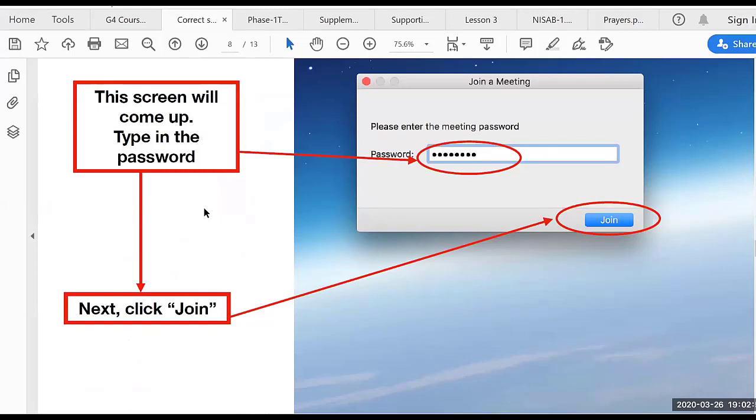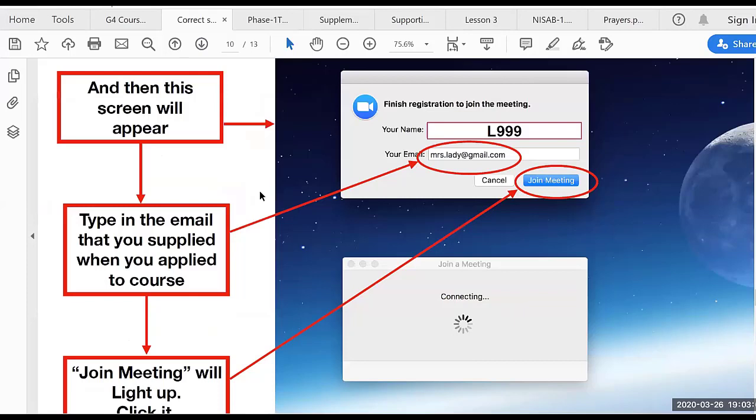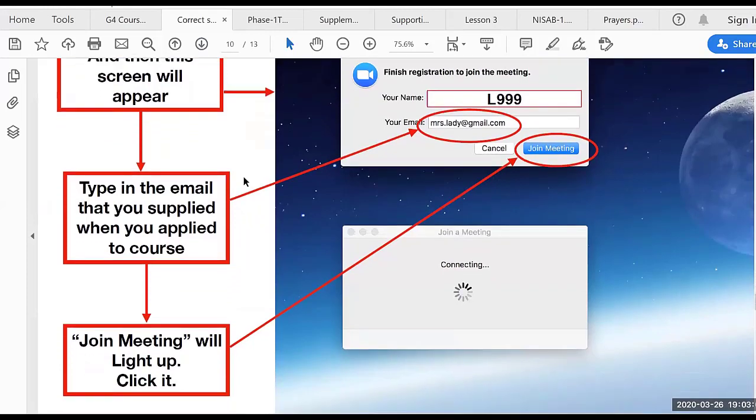The password should also be in the email, the confirmation email. So afterwards, you have to provide your email, which should be the same email, the one you used when you were registering for this class.